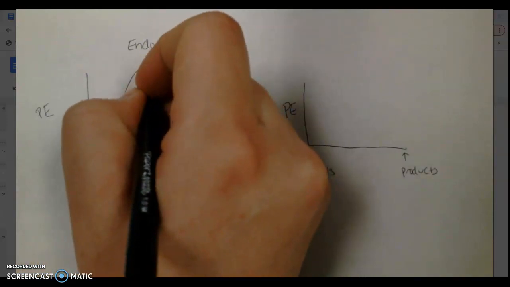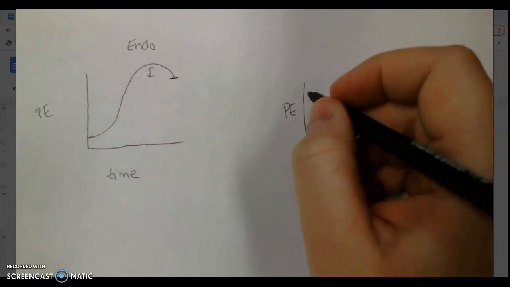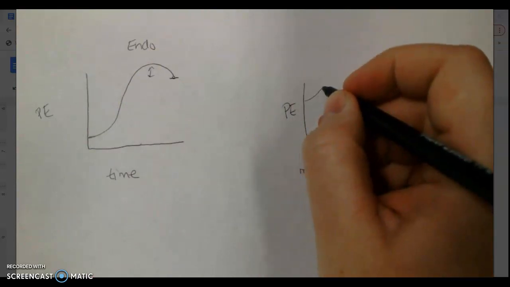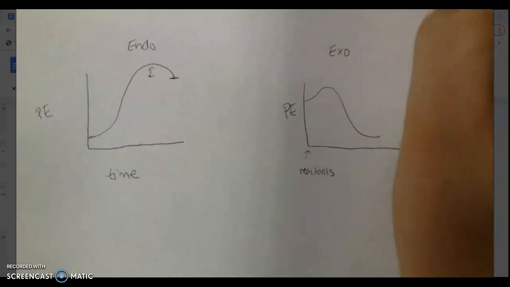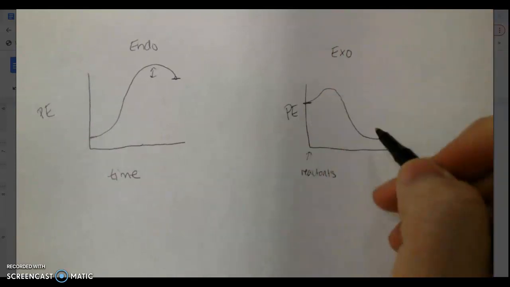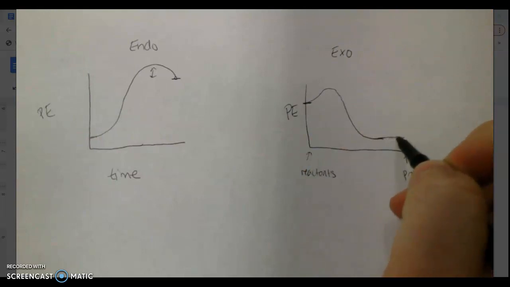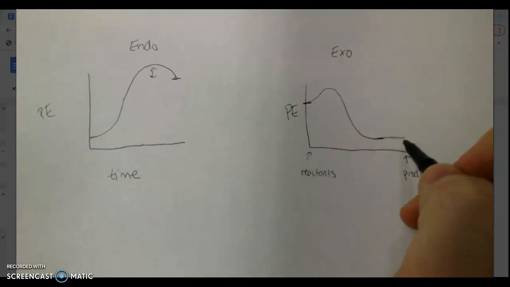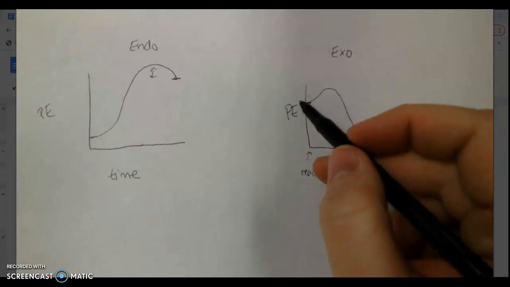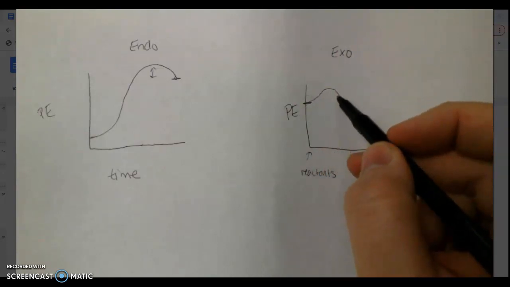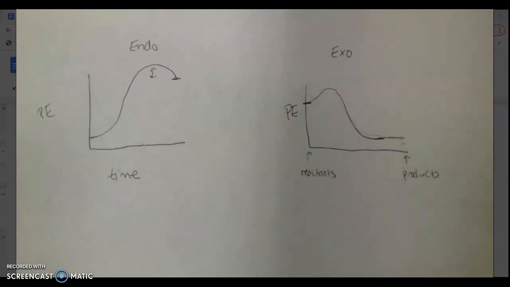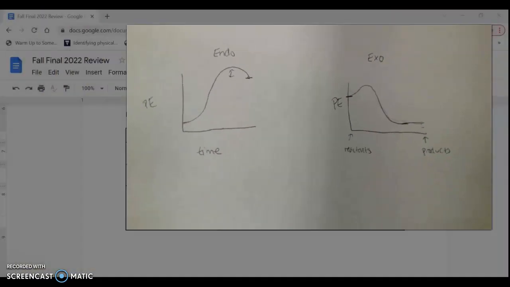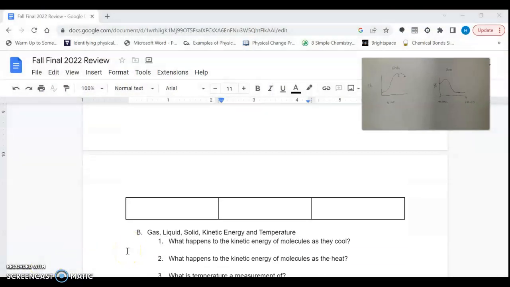The size of the hump here will vary, but you end up with a graph that looks like that for endothermic, a graph that looks like that for exothermic, where our energy inside the product is lost to the environment. So that energy that was in the reactant is released, goes into the environment. We feel that energy as heat, and the product has less stored potential energy than the reactants did.